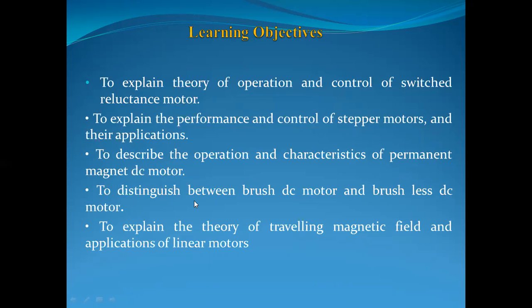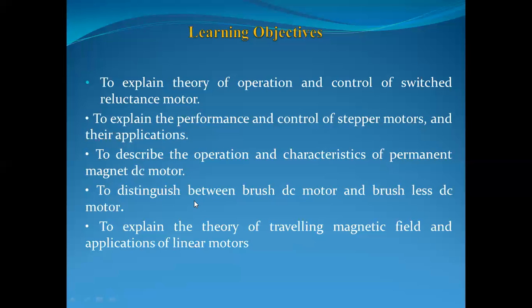Also, to explain the performance and control of stepper motors and their applications. Most of the time, we observe what type of applications these particular machines have in a particular area. At which area they are used is very important.